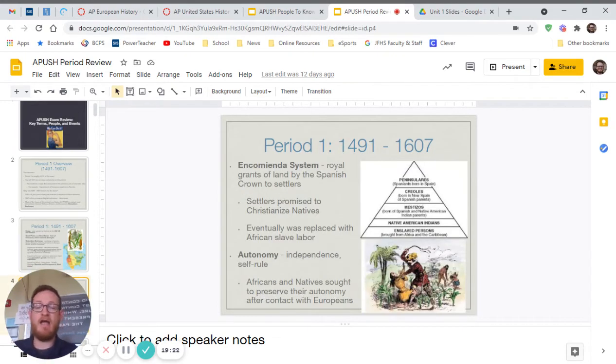Now, I had just talked about that triangle of the Spanish society, and part of that is going to be the encomienda system. What this was, these were royal grants of land by the Spanish crown to settlers. Basically, the settlers were promised to Christianize the natives, and because of that, the Spanish there got labor out of it.